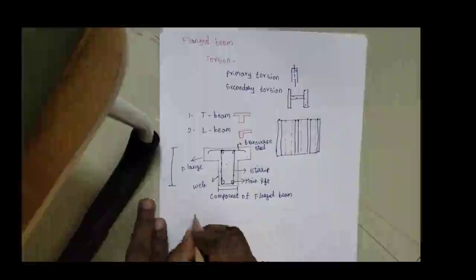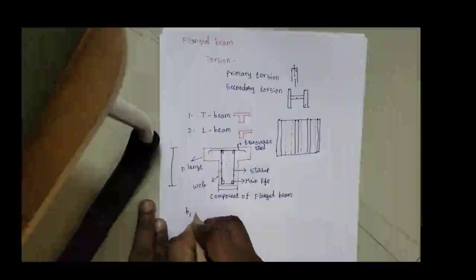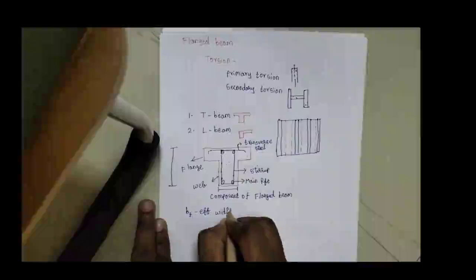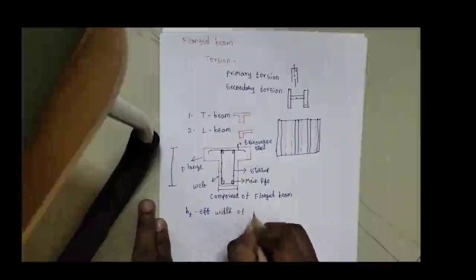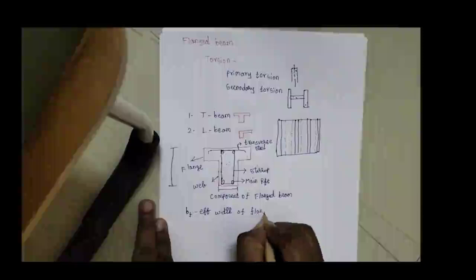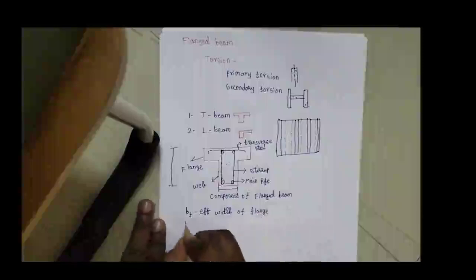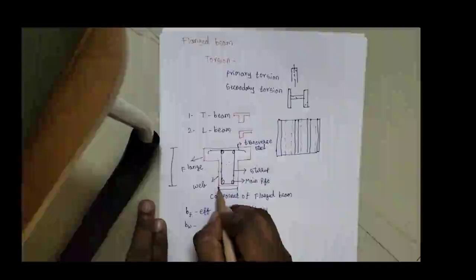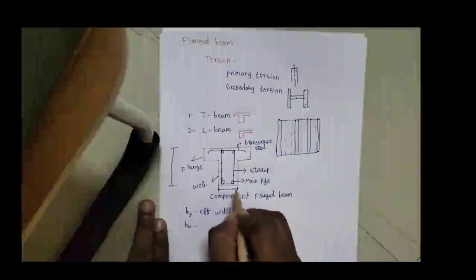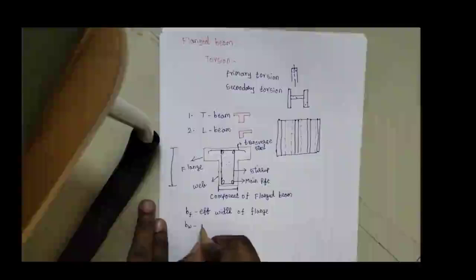Here we need to consider BF, that is, the effective width of flange. We need to consider this effective width of flange while solving the problem. Also we will have BW, which is called the width of web. This is the web, so this distance is called BW, that is, width of web.